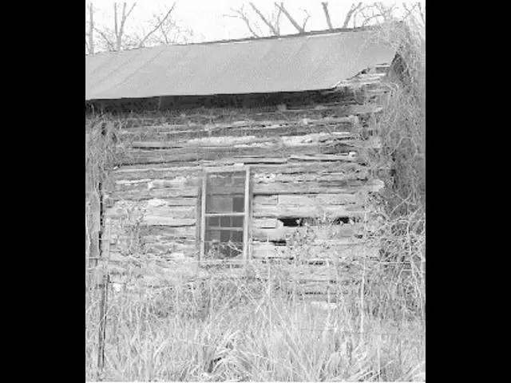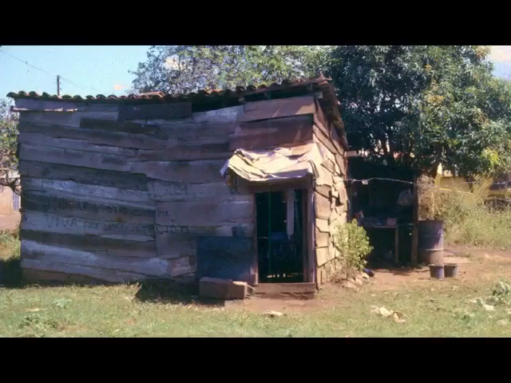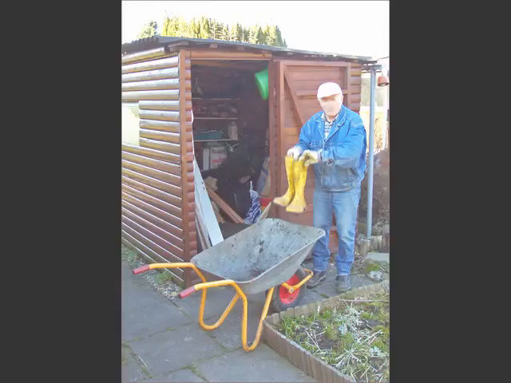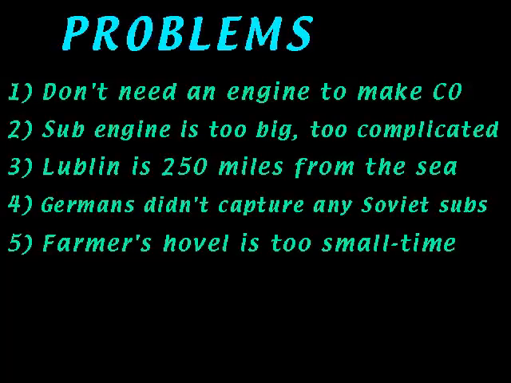Renovating a farmer's hovel is something a retired senior citizen might do in his spare time, not an activity connected with a top-secret government operation. These 5 items are some of the discrepancies Eichmann was hoping people would notice.